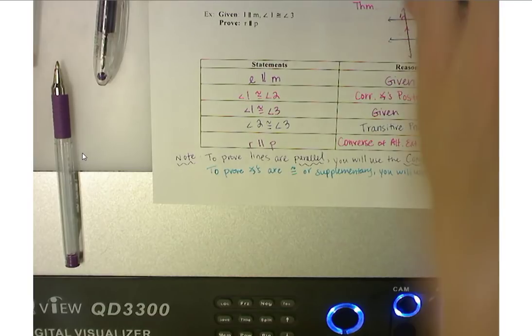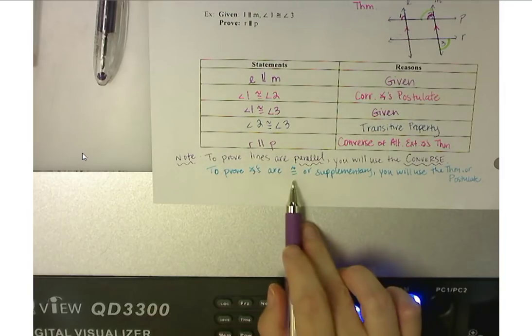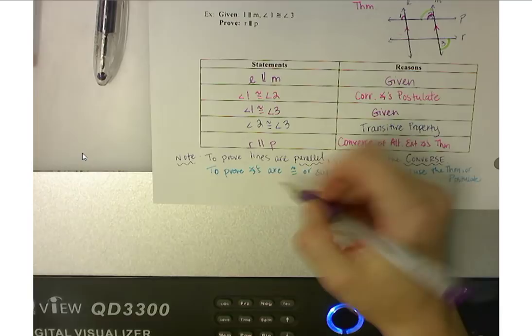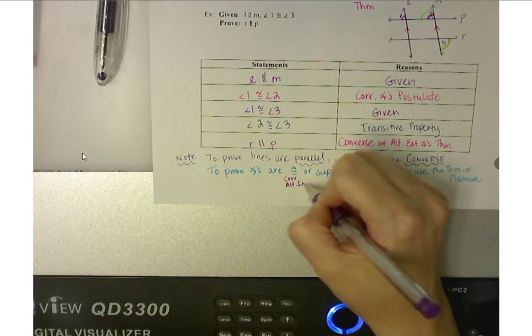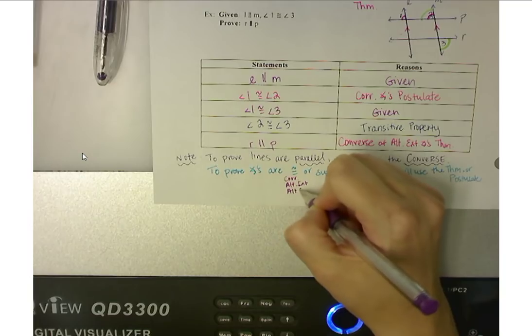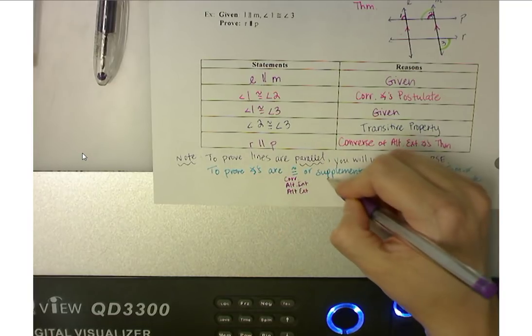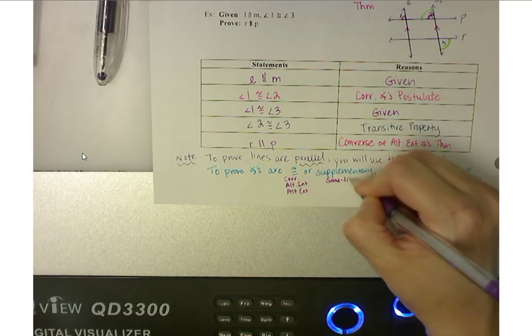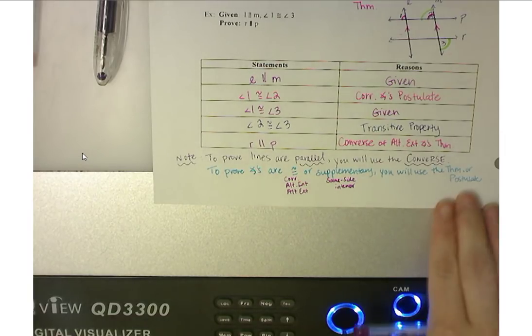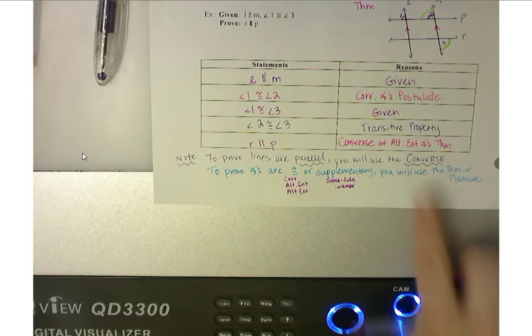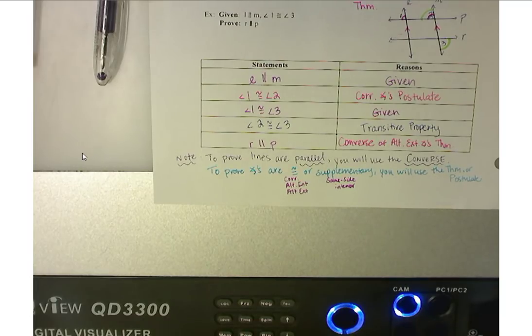Okay, so to prove they're congruent, that would be corresponding, alternate interior, alternate exterior. To prove they're supplementary, that would be the same side interior. Okay, you would just use those theorems. It's to prove the lines are parallel when you are going to use the converse.